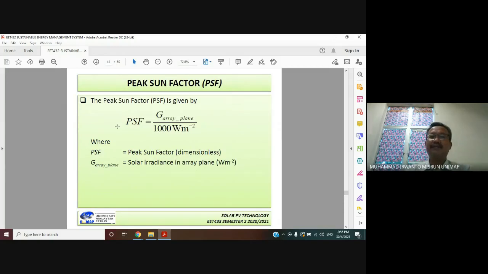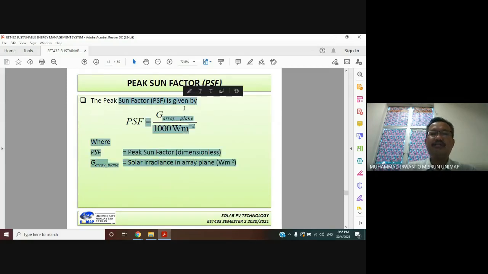Peak sun factor can be calculated based on this formula: PSF equals G array plane over 1000 watt per meter squared. G array plane means the solar irradiance in the array plane.